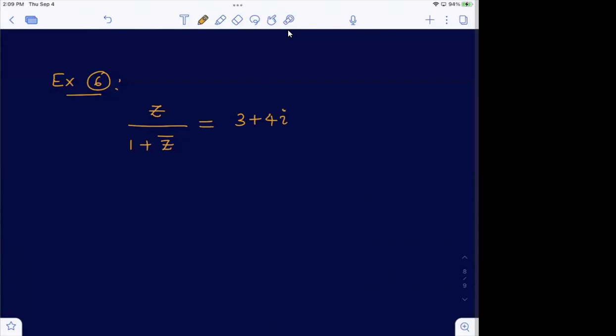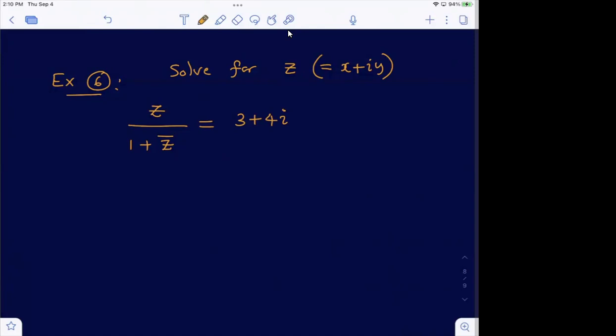Now solve this equation for z. z is of course none other than x plus iy. You can indicate it in that form. So if you can solve for x and y, then you know what this complex number is going to be. To start with, there are a couple of things that you can do if you do not wish to work with fractions. Just cross multiply immediately. You can do that.